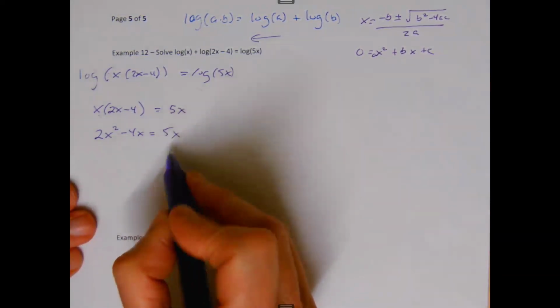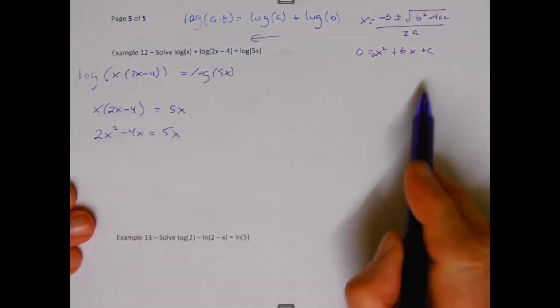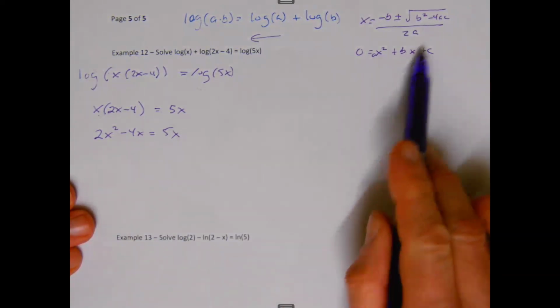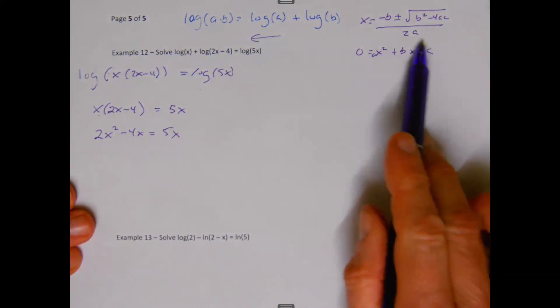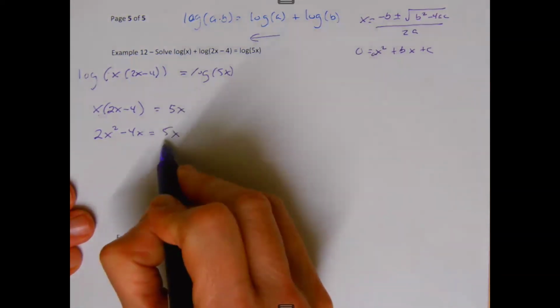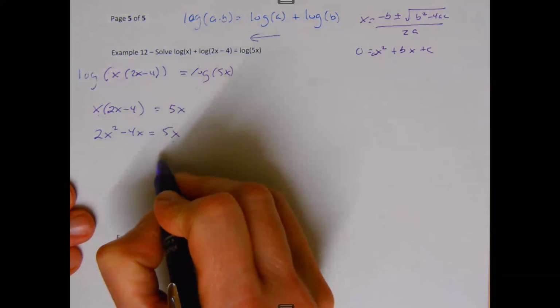I'm going to try factoring first. No matter what I do, if I factor or use the quadratic formula, I have to get everything to one side and equal to 0. So subtract 5x from both sides.